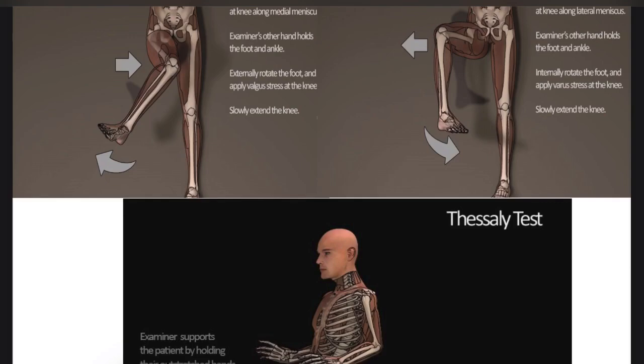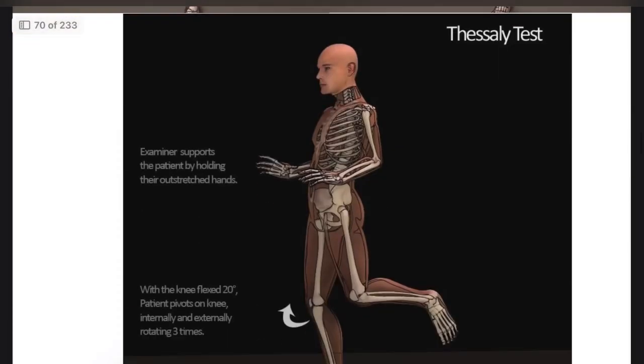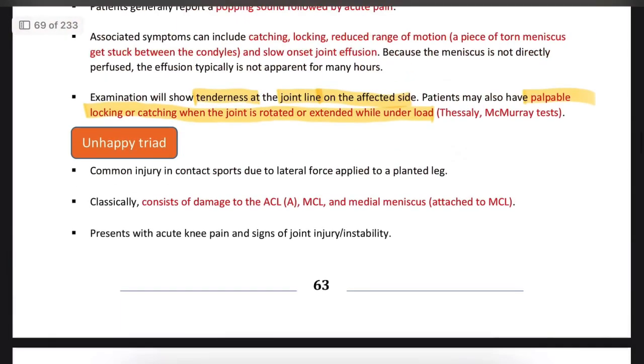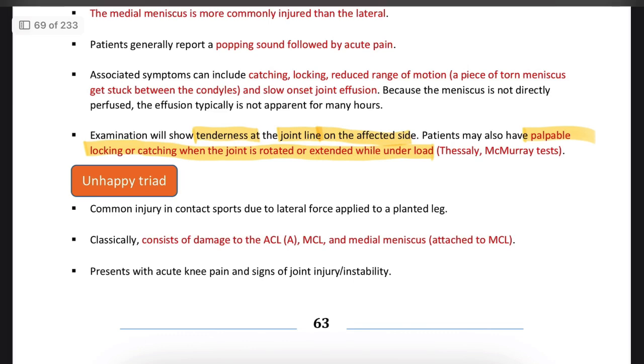Next, we are going to discuss the unhappy triad. The unhappy triad is very important because it is a very high-yield topic for exam questions. So let's put it all together with a classic high-yield trauma, the unhappy triad. It is seen in contact sports when a lateral force hits a planted leg.